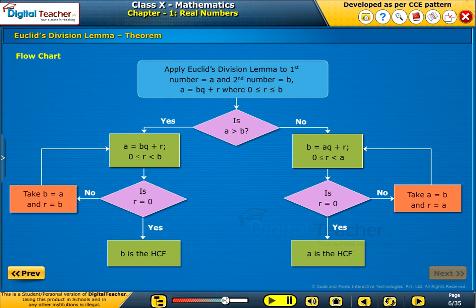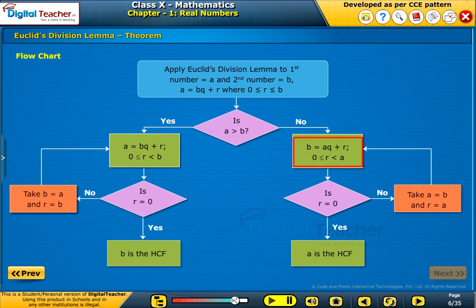Suppose a is equal to bq plus r. If r is equal to 0, then b is the HCF of positive numbers a and b. If r is not equal to 0, we apply the division lemma to b and r and continue the process till the remainder becomes 0.